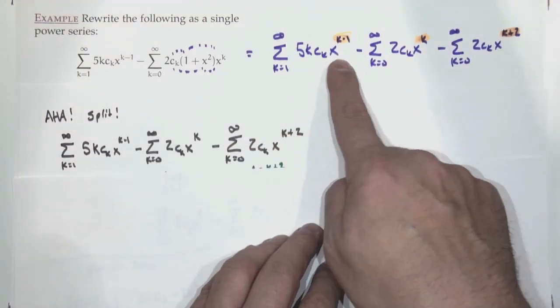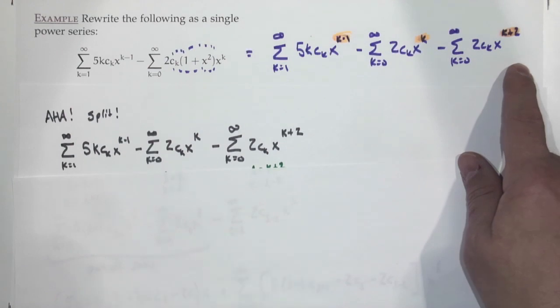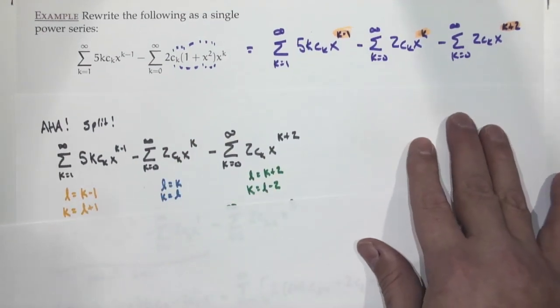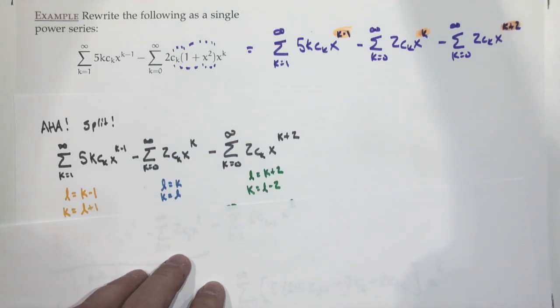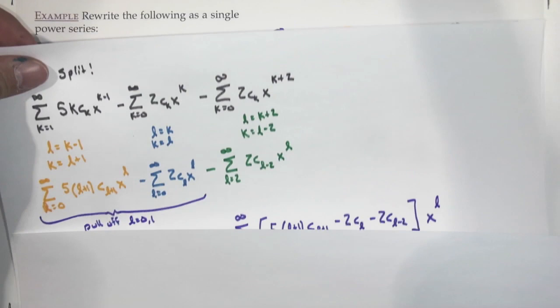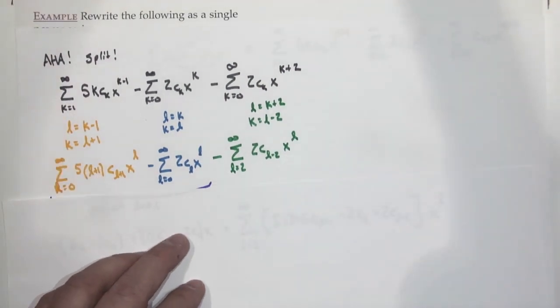So L equals k minus 1 here. L equals k here. Okay. So, all right. That's the substitutions. And we carry out the substitutions. And we get that. So that's what we translate to, those sums.